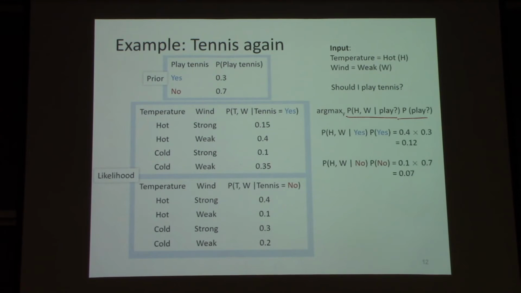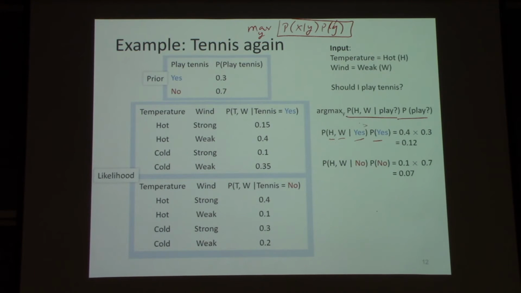So in other words, you ask what's the probability of x given y times P of y. You compute this quantity for all possible values of y, because y is the quantity we care about. So you compute that for y equals yes, and here you just look up values in the table.